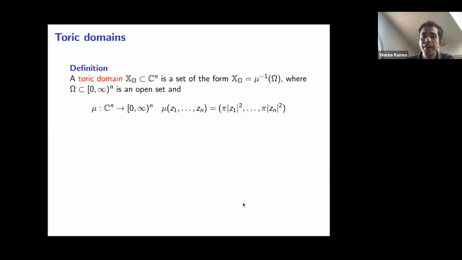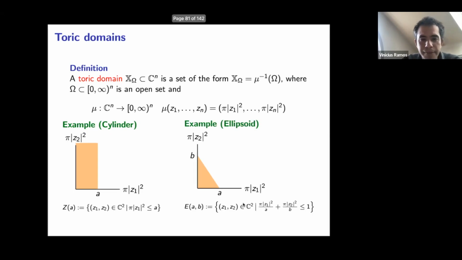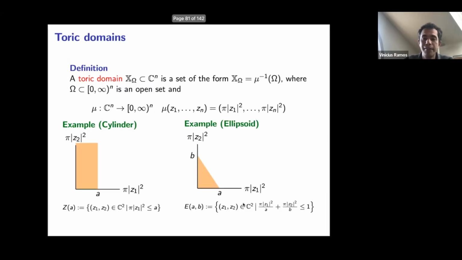Another way to think of it is you take some set in C^n which is preserved by the standard Hamiltonian toric action, and omega is the image of the moment map. Examples are a cylinder, and here's an ellipsoid. Of course, a ball is an example of an ellipsoid, so it's not surprising that toric domains are coming up here.